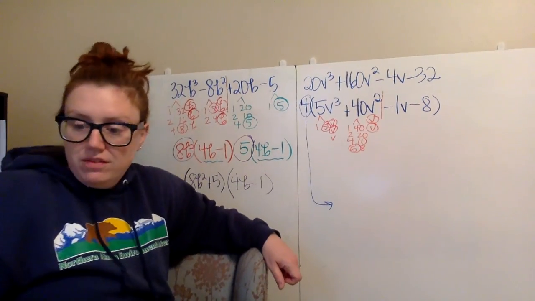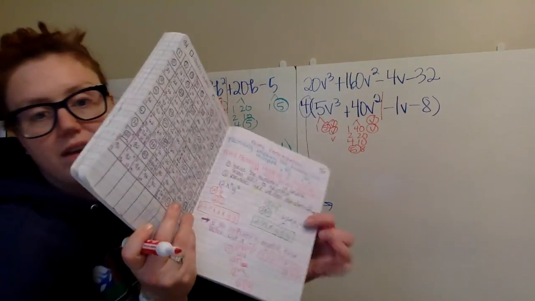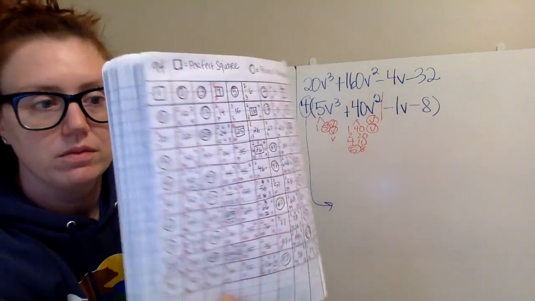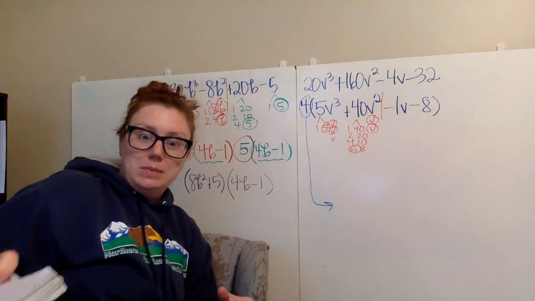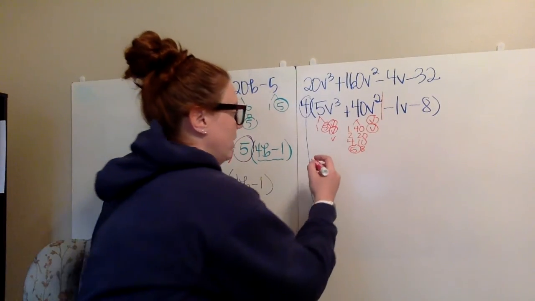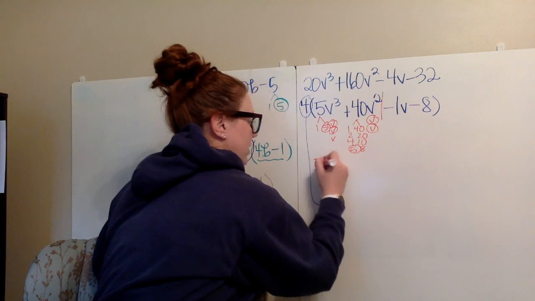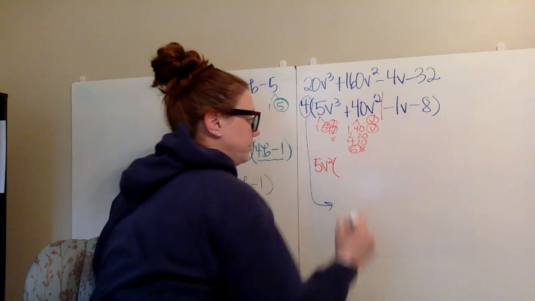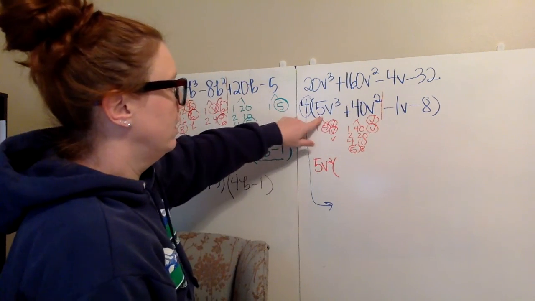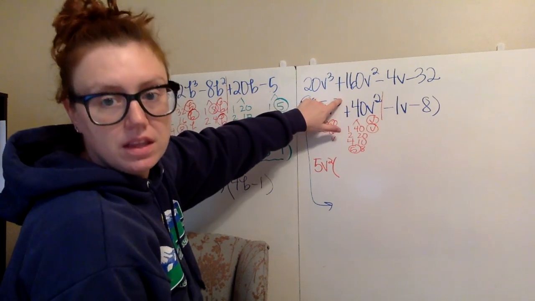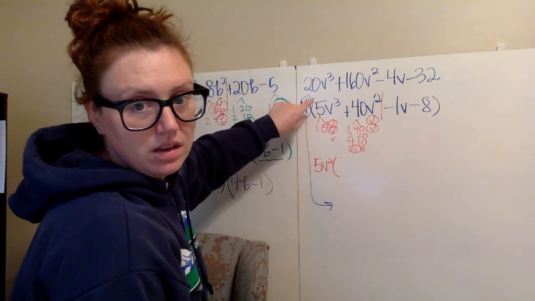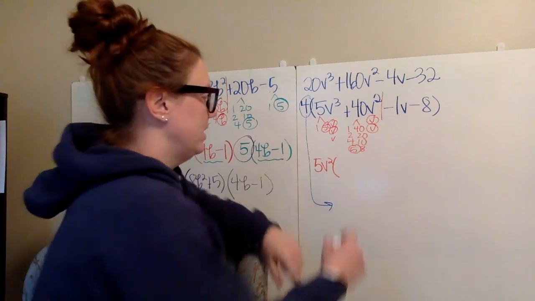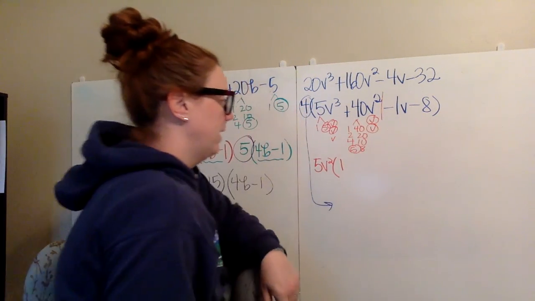Greatest number that they share is 5. And again, you can find that by looking at your factor squares, right? All of those factors are listed inside those boxes. So my greatest common factor is 5v squared. So 5v to the third divided by 5v squared. 5 divided by 5 is 1.